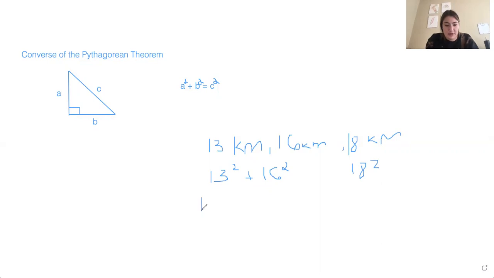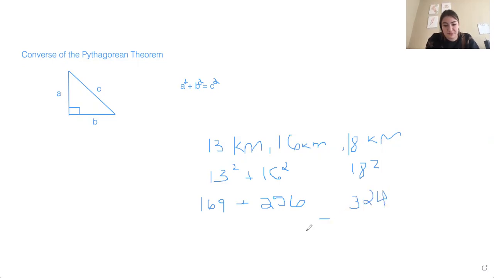So 13 squared is 169. What's 16 squared? 256. I'll let you add those together. And then 18 squared is 324.